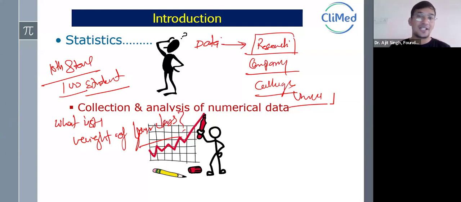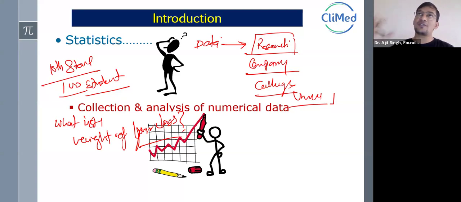Weight means the weight and height kind of weight. Can someone tell me what is the weight of your class if there are 100 students in one class? The logic behind it is, you have to ask everyone's number, then combine everything. You don't know it, because maybe you have the weight of everyone, right?